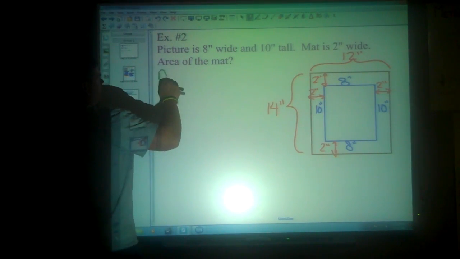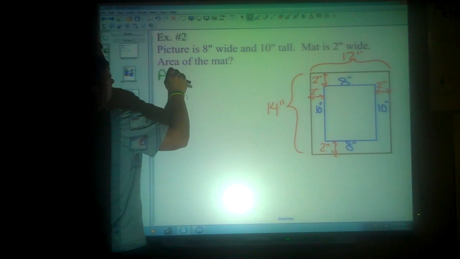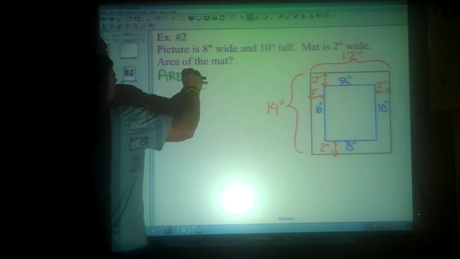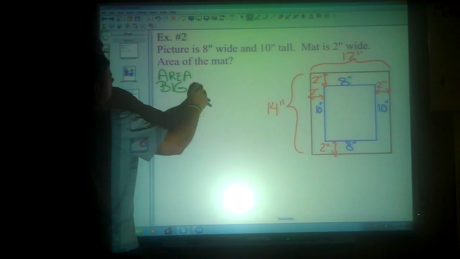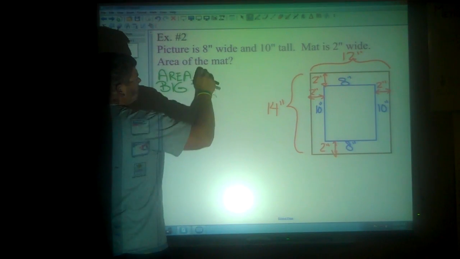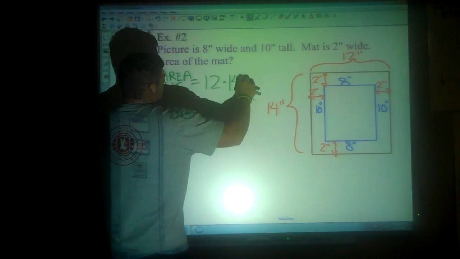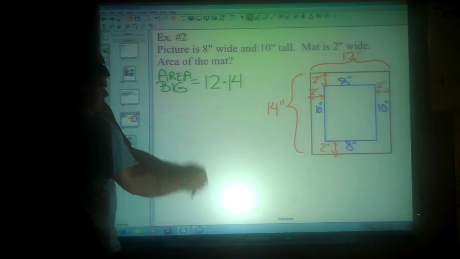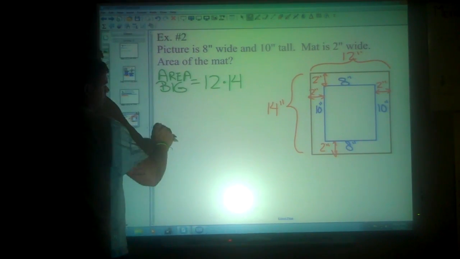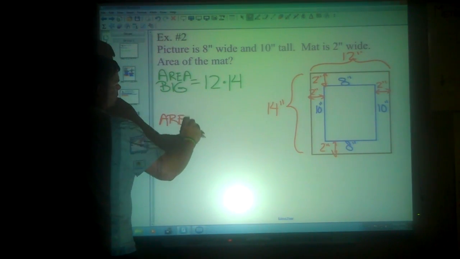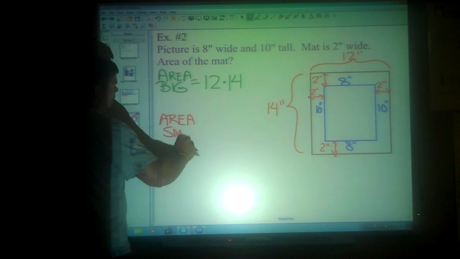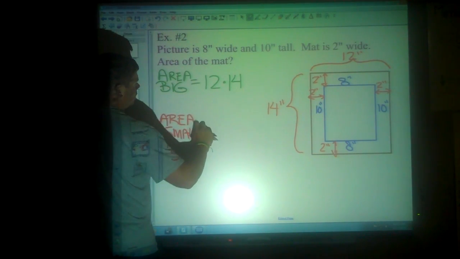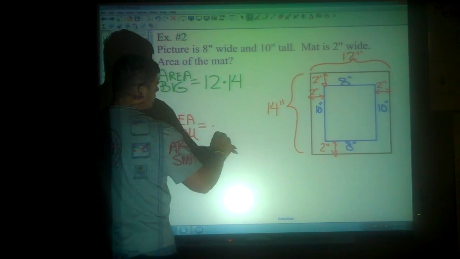So the area of the big rectangle is going to equal length times width, which is 12 times 14. The area of the small blue rectangle is equal to 8 by 10.